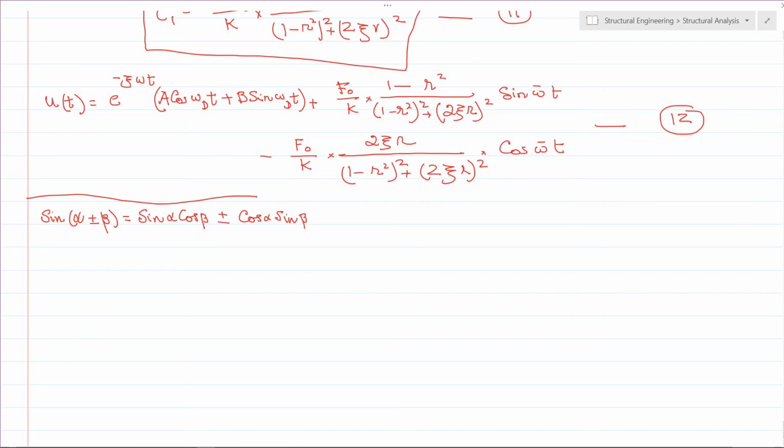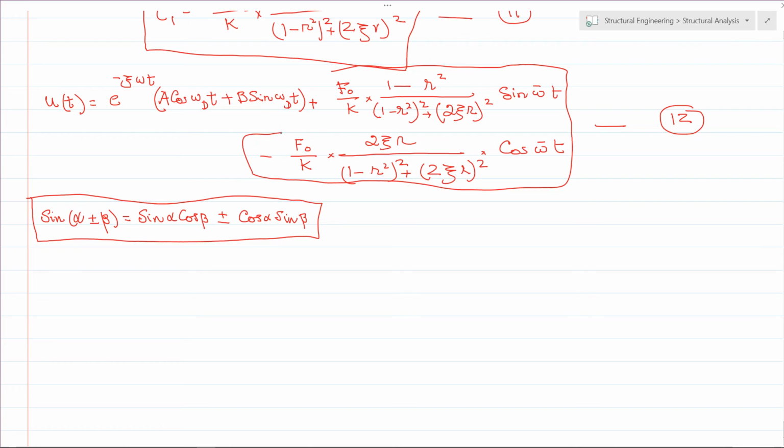Can we see any resemblance of this formula somewhere here? Can we apply this equation? I think so.